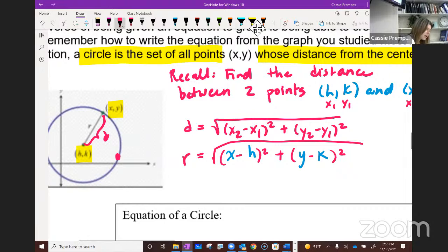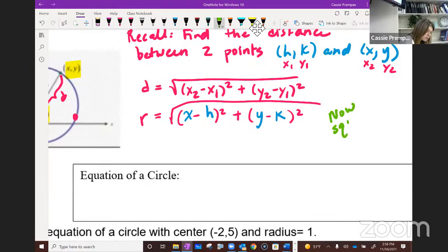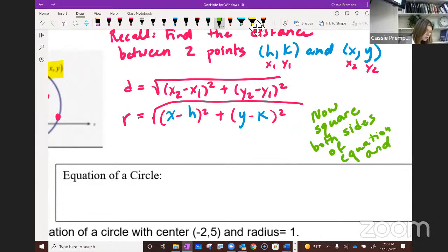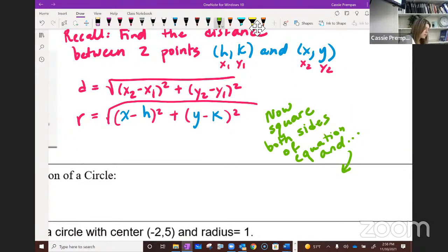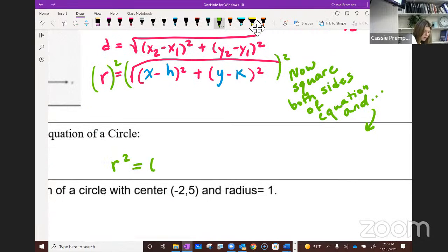So I'm going to go ahead and say, now square both sides of the equation, and dramatic pause. That will be where we put the equation of the circle. So we would square this side and square this side. And we would get that the radius squared is equal to quantity x minus h squared plus quantity y minus k squared.